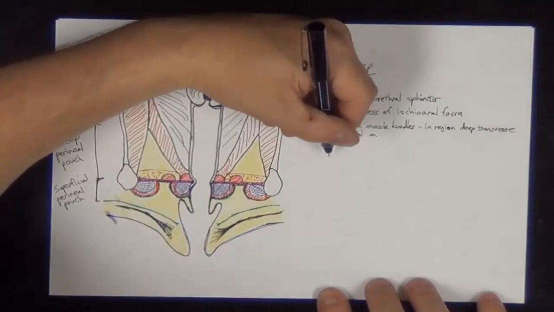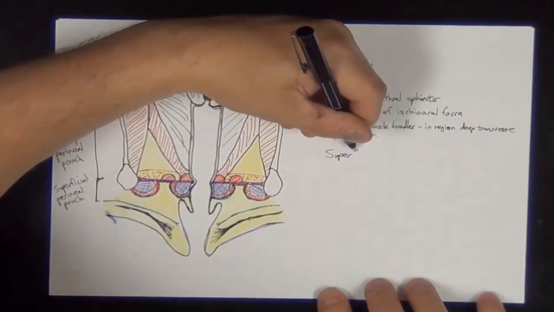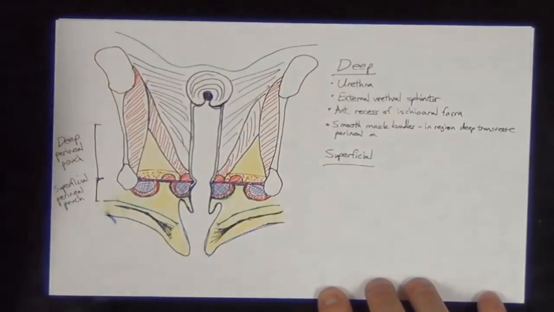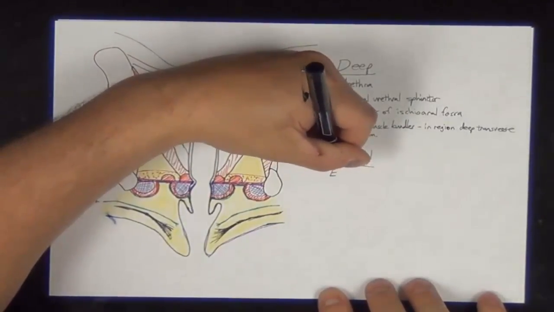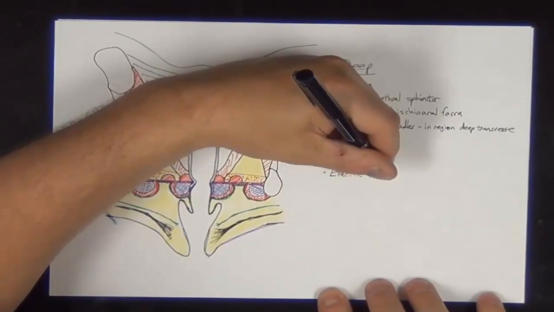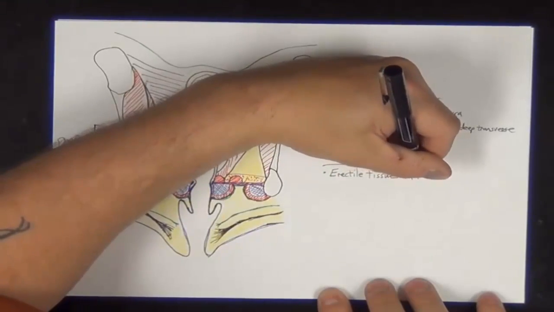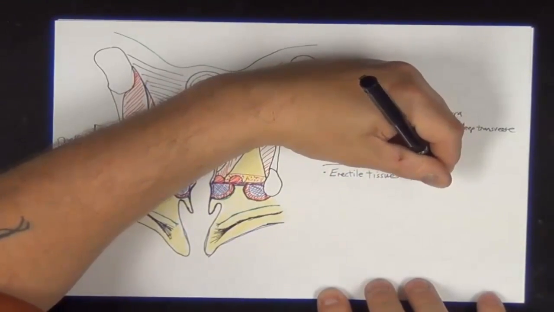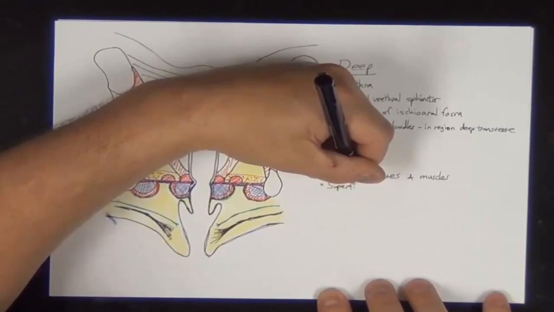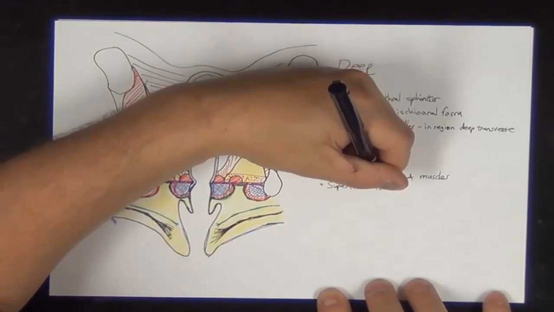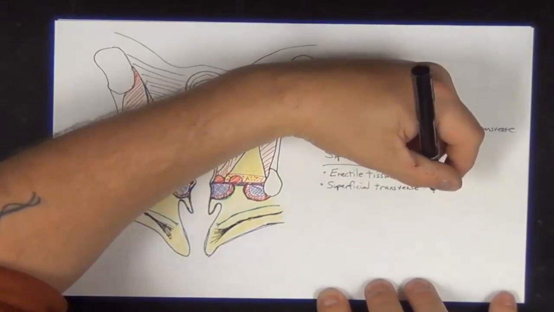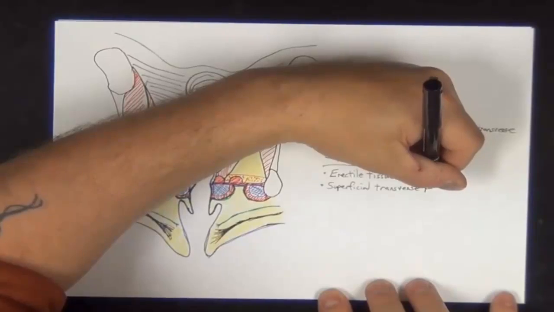Alright, now in the superficial pouch in the female, we're seeing a lot of the same things we saw in the male, the erectile tissues and their muscles. We do have a superficial transverse perineal muscle, and that's going to be on the posterior aspect of the perineal membrane, but on the superficial side.